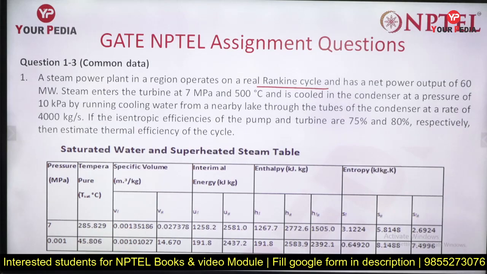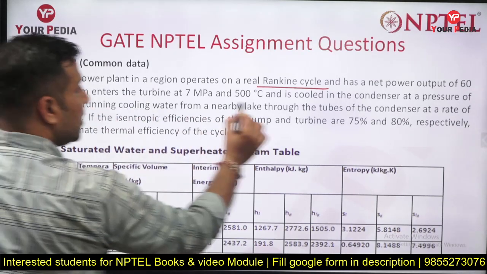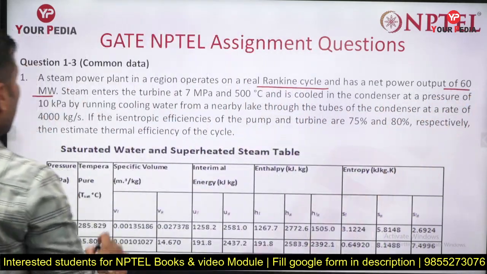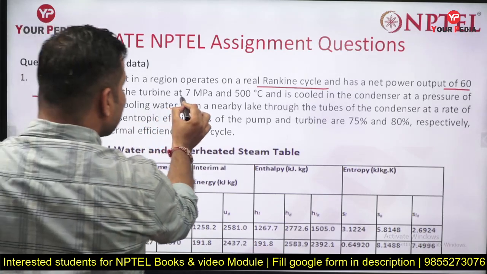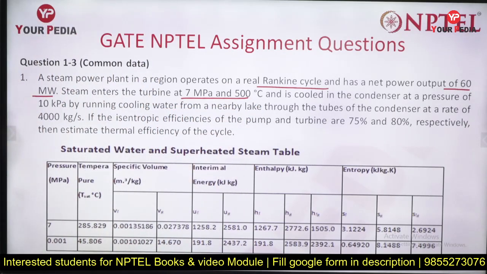The plant has a net power output of 60 megawatt. Steam enters the turbine at 7 megapascal, 500 degrees Celsius. There is a steam table given, for saturated water and for superheated steam. This is the saturated water steam table. You can check it here: at 7 megapascal, what is T saturation, guys?